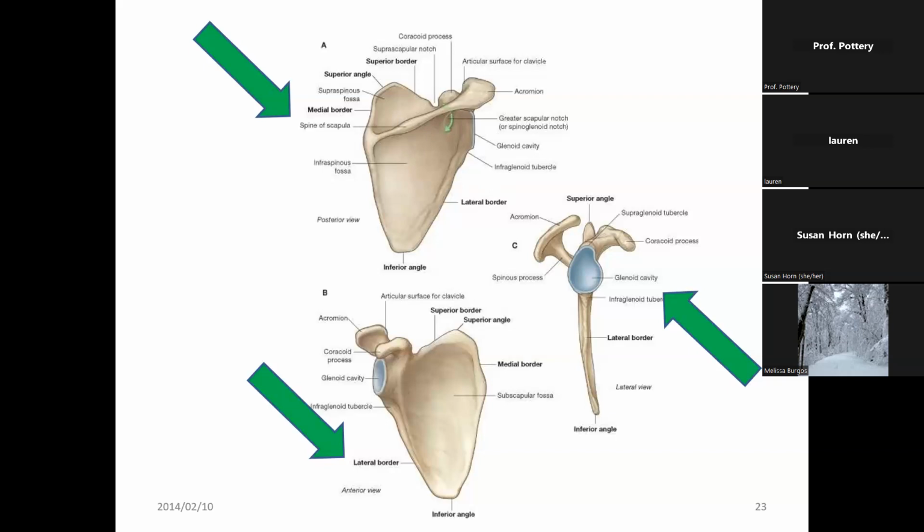Teres minor and subscapularis. Look what we find here. The subscapular fossa. This is the anterior view of your scapula.